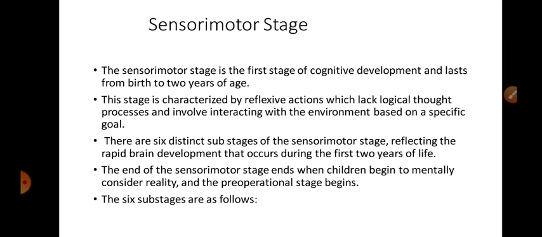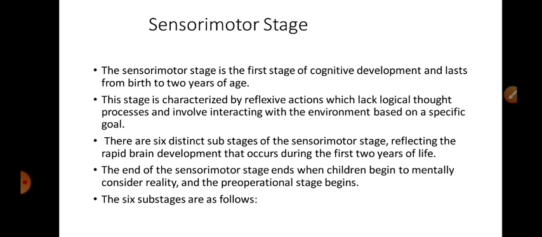This stage is characterized by reflexive actions which lack logical thought process and involves interacting with the environment based on a specific goal. How they interact with the environment, how they interact with the people till the 2 years. There are six distinct substages of the sensorimotor stage, reflecting the rapid brain development and occurring during the first 2 years of life.